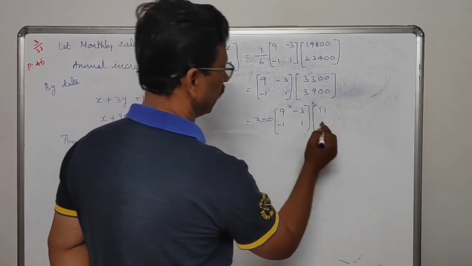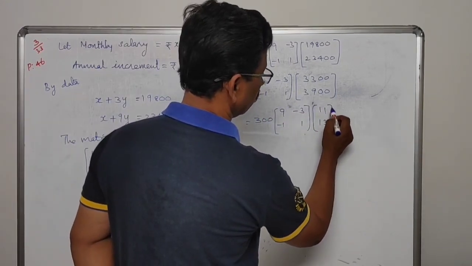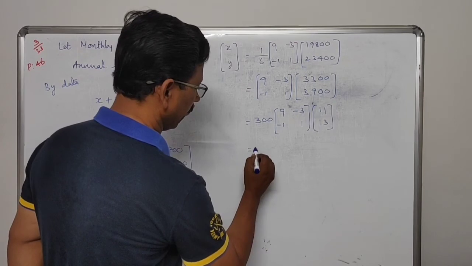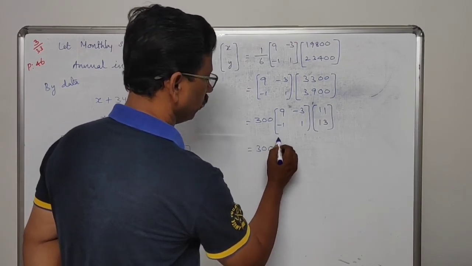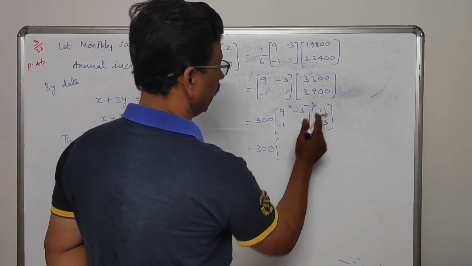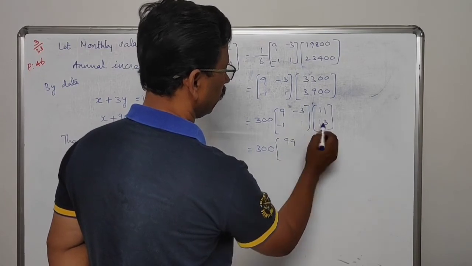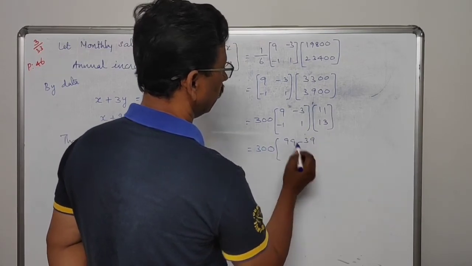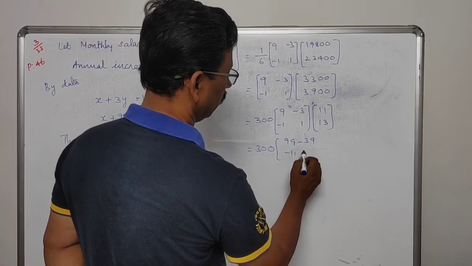Now we multiply: 300 into 99, then minus 39, then minus 11 plus 13.